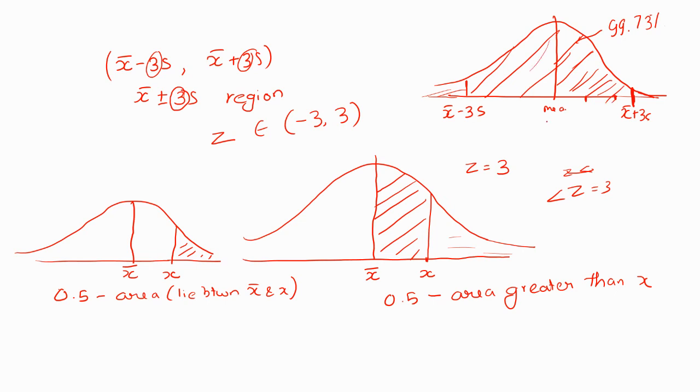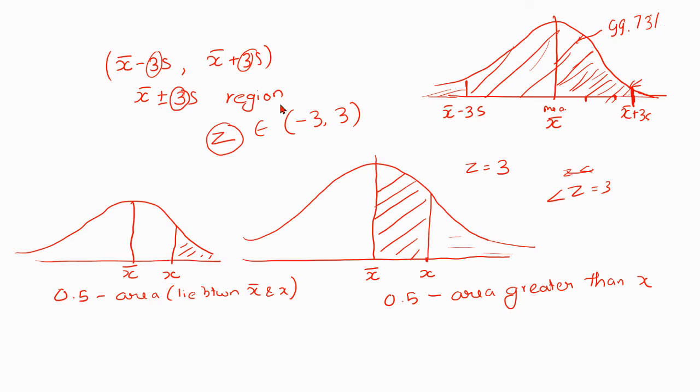The area lying between x bar and z equal to 3 will be given by this area. The value of z, or the probability distribution at this, will be given in the table, as we gave the table for the degrees of freedom, which we found last time. Similar kind of table is there for finding the area under the curve, or the probability distribution, for this set.